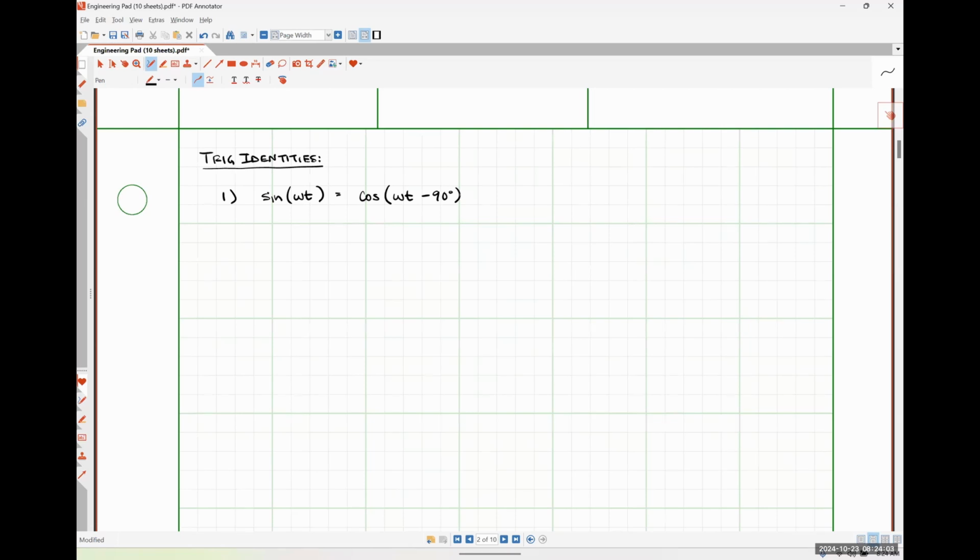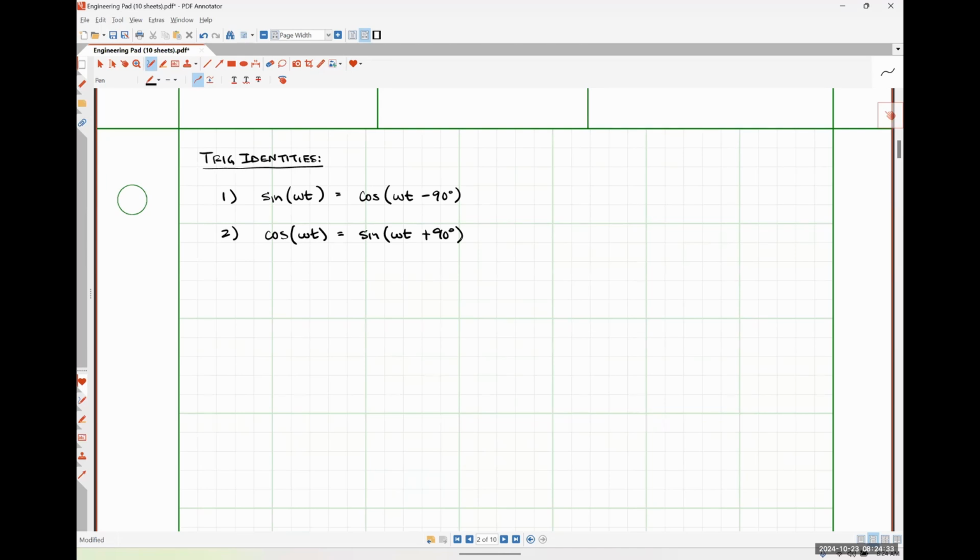Okay, so that's our first trig identity. And our second trig identity is effectively just going the opposite direction. So cosine of omega t is nothing more than sine of omega t plus 90 degrees. So we can get a sine function from a cosine function simply by shifting to the left by 90 degrees.